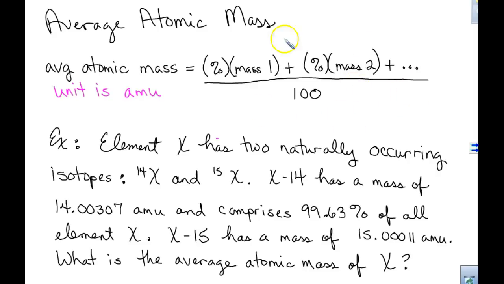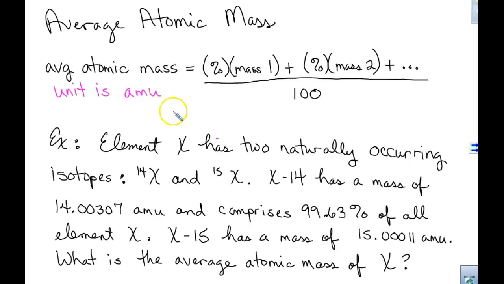So if you do this version of the formula, you tend to get the answer right more often than not. And then make sure that it has a unit. They didn't really talk about the unit for atomic mass in your POGL, but it's the AMU, atomic mass unit.